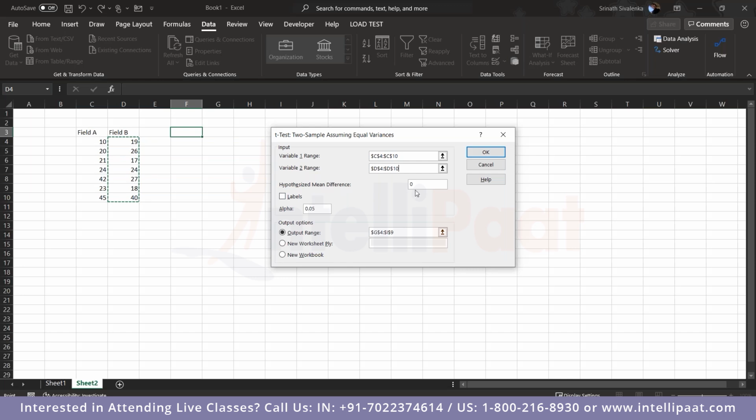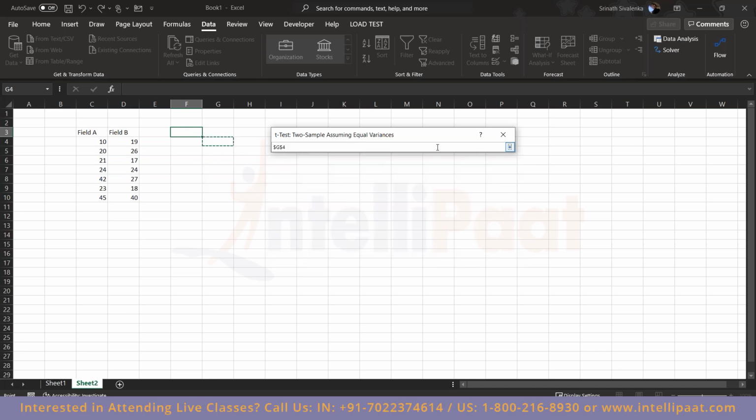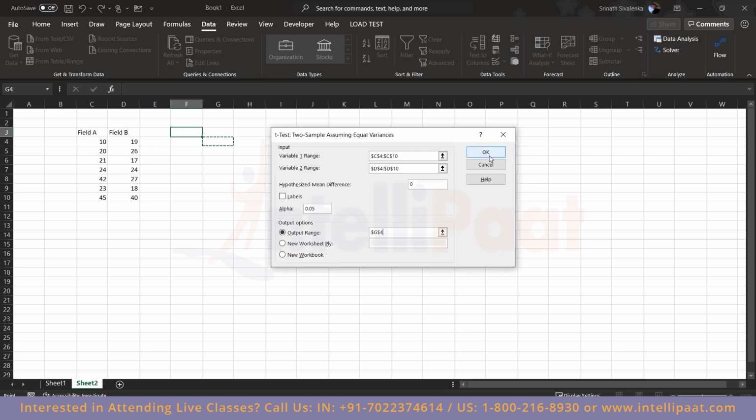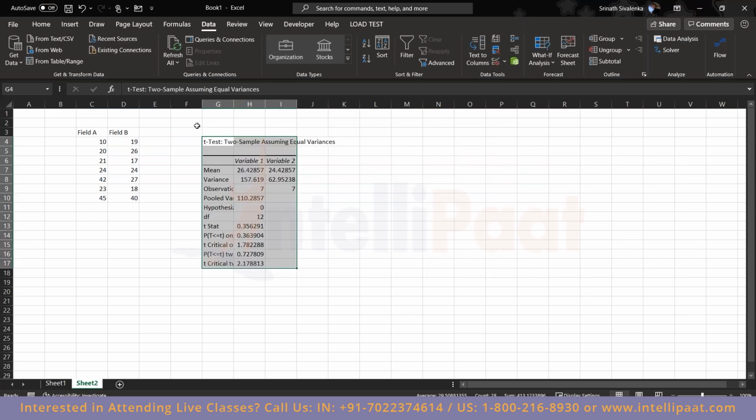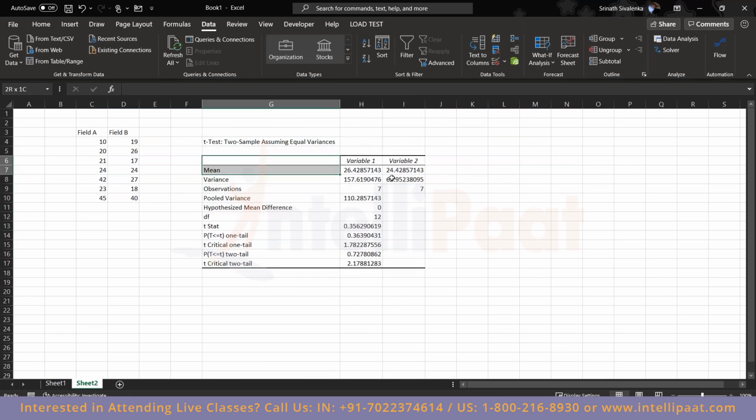Labels are not there in the data, that's okay. Alpha is 0.05; you can change whatever your alpha value is. Then I can simply select an output range here, click OK, and that's it. That's the result I've got.